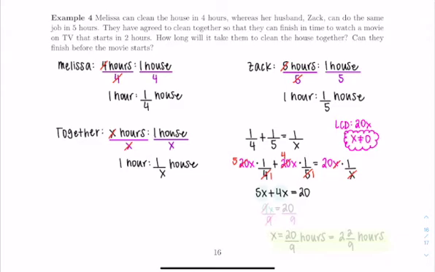And so on the left-hand side, we have some like terms. We have 5x and 4x, which is going to give me 9x, equals 20. And to get x by itself, we want to divide both sides by 9.